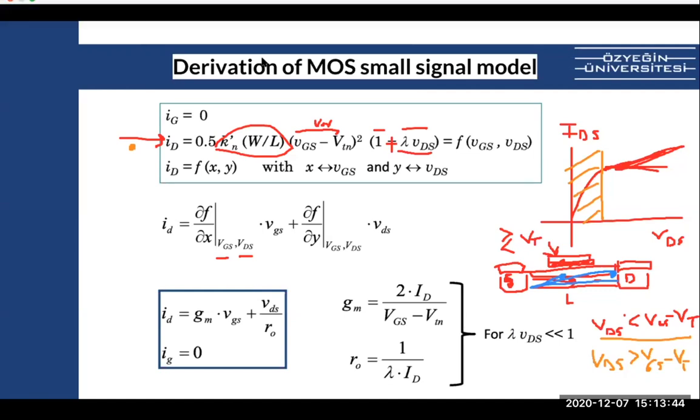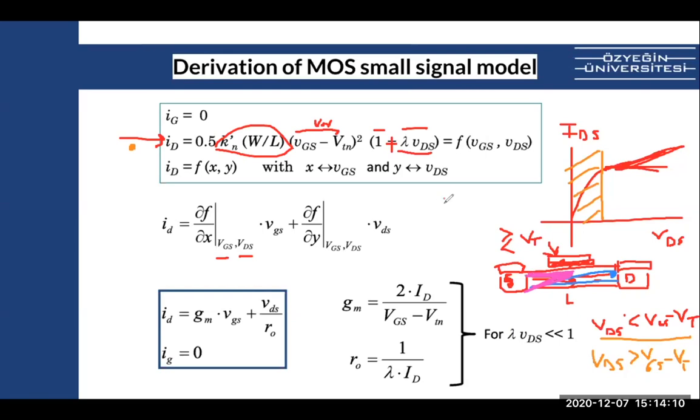When it changes its pinch point, for instance, if we find it at this point, the effective channel becomes this rather than the entire channel.